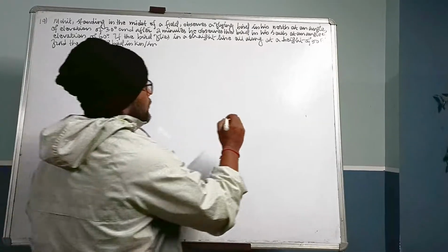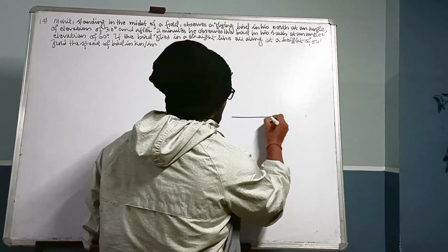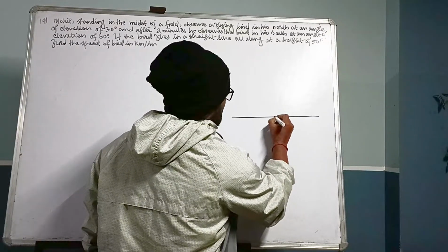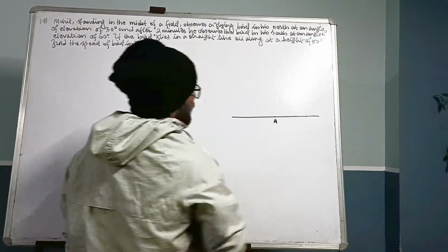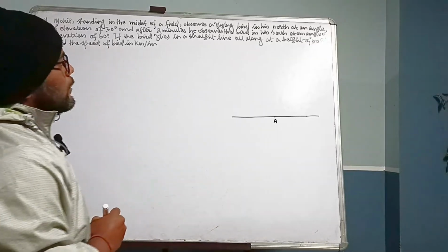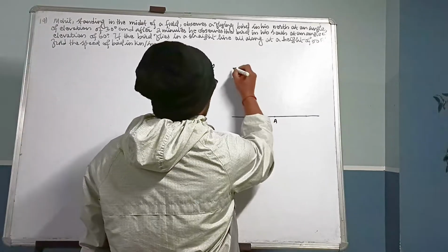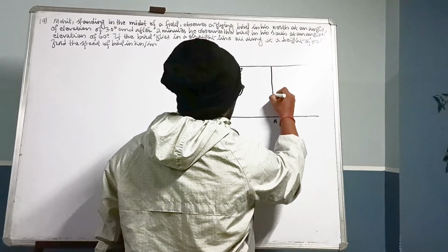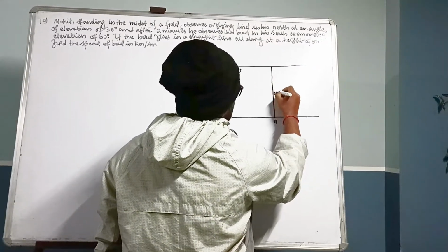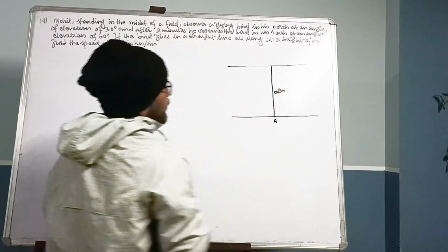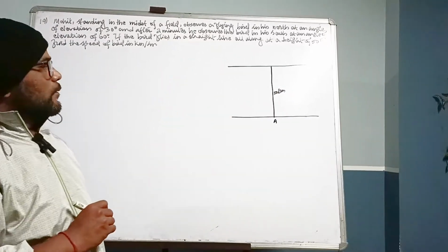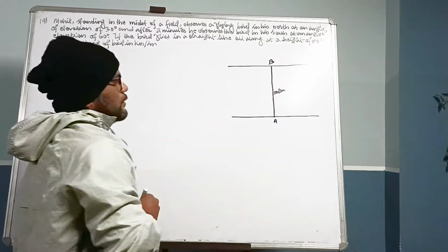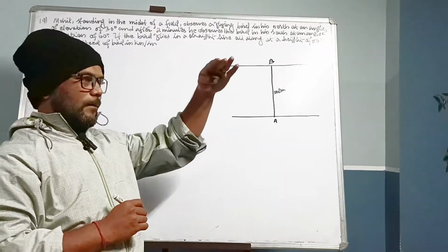Okay, so the question has given here a man in the midst of the field. The man is here at the point A. He is seeing the bird flying on a straight line at a height of 50 root 3 meter. Clear? Hope you have understood. So let AB be the height at which the bird was flying from the ground.